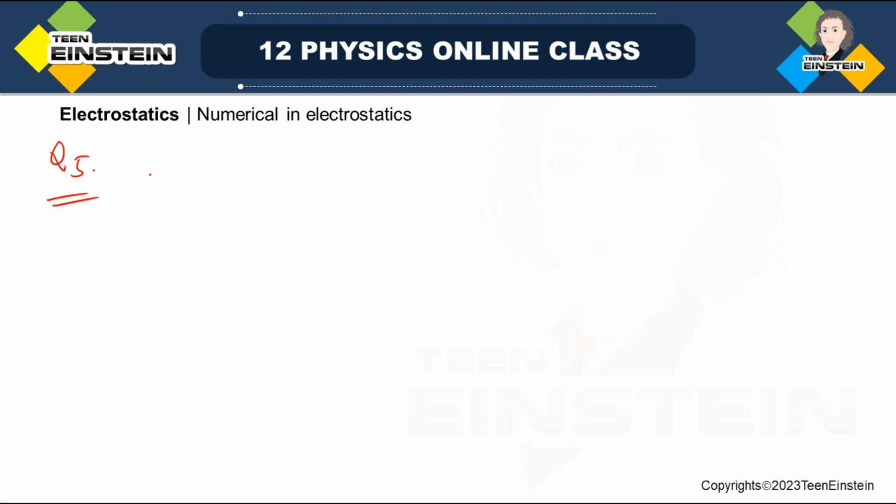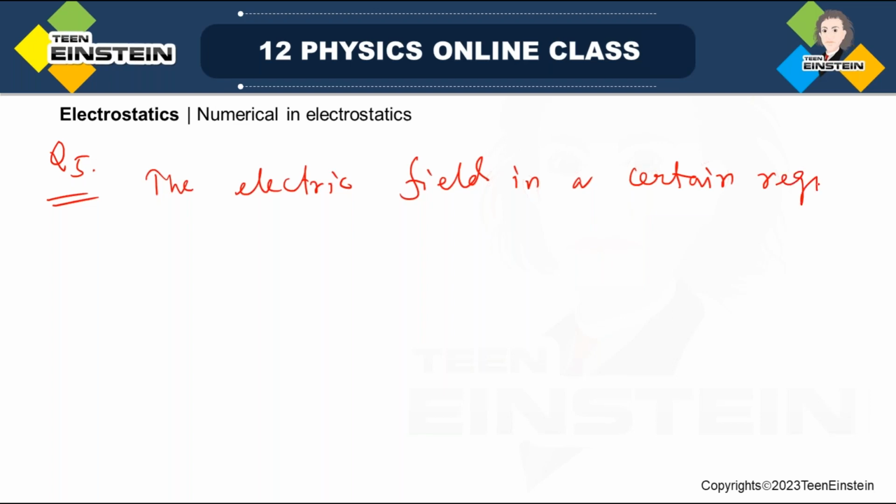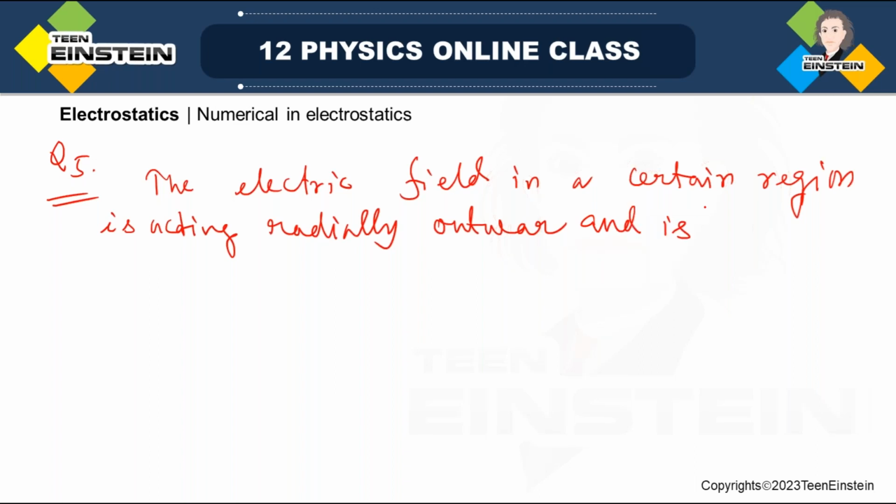Okay, so the electric field in a certain region is acting radially outward and is given by E is equal to A R, where A is a constant.